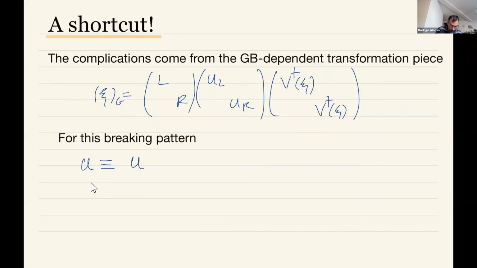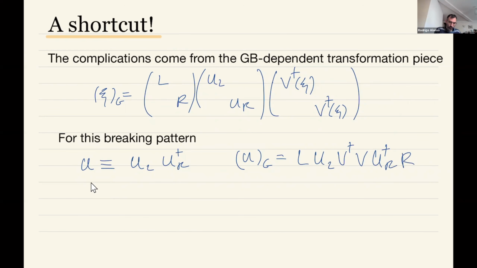If I take U left and then put U right dagger times it, when I transform U, it will pick up that left-handed unitary matrix on the left, U left, and then that unbroken part of the group on the right, but that's precisely what we get on the right-handed matrix there.